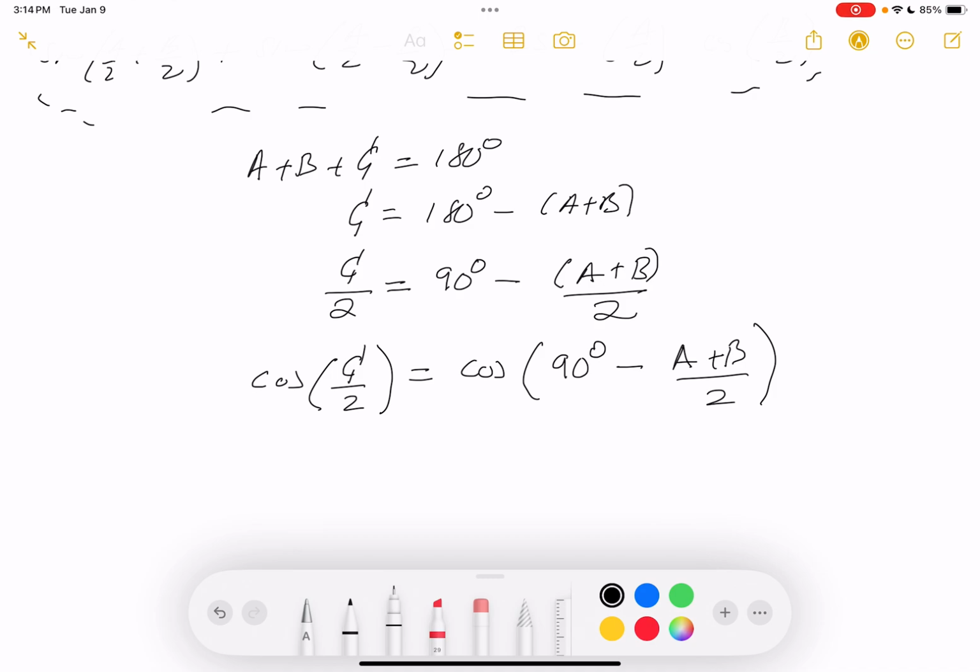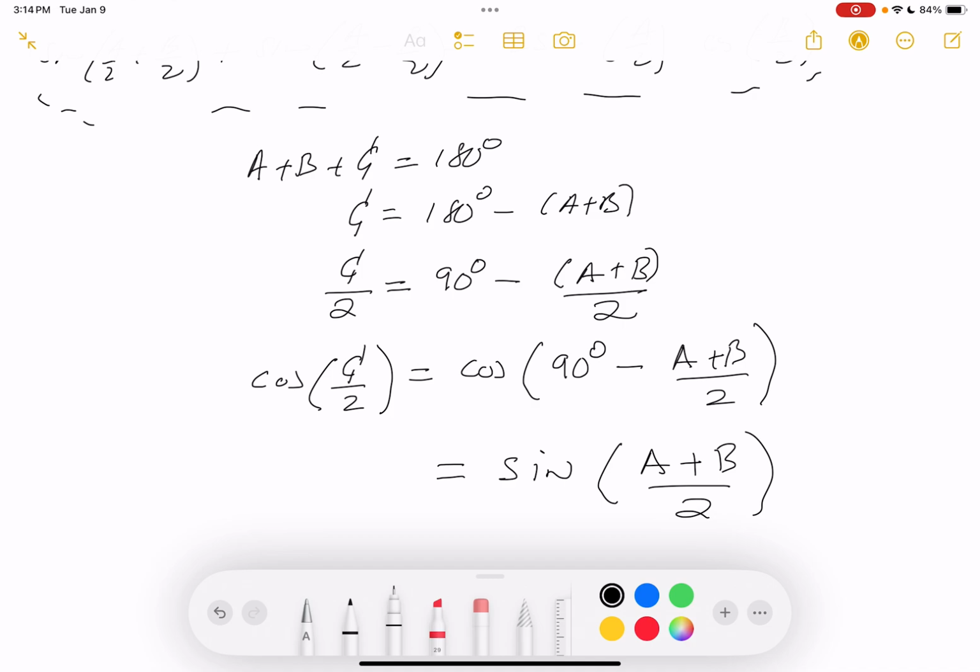I want to tell you that I have a cofunction identity here. And I can easily write this down now as the same thing as the sine of A plus B over 2. I'm using a cofunction identity where the angle theta is A plus B over 2.